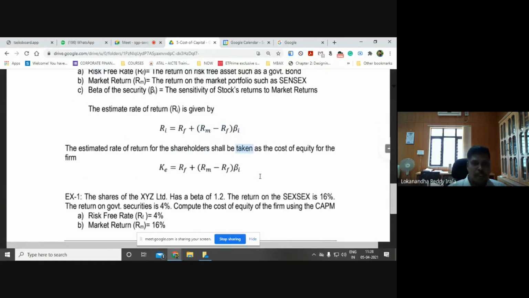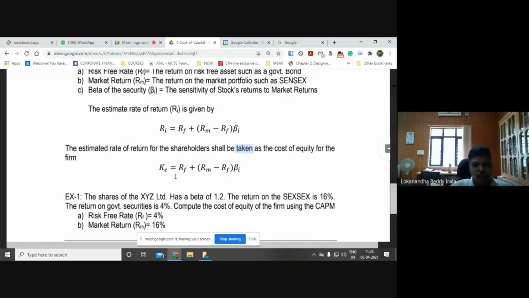Every security will have something called beta, which is a measure of its systematic risk, a measure of how a particular security's returns are affected by changes in the market return. So beta gives the sensitivity of a security's returns to changes in the market return, and it is a measure of systematic risk, the risk that cannot be diversified while you are investing.